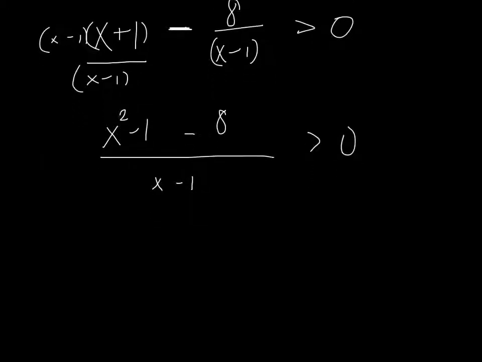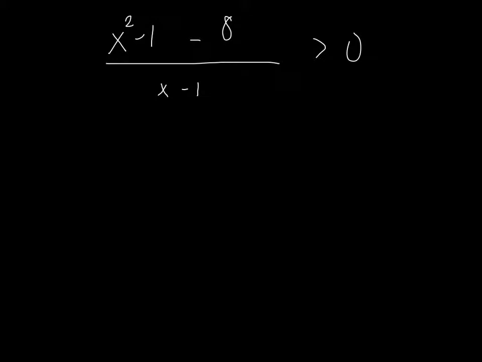Now, at this point, we have a fraction: x squared minus 9 over x minus 1. We want this to be positive. There are two ways you can go here, and I'm going to go the way that I think is the easiest.